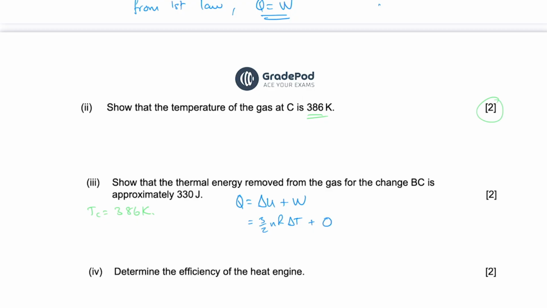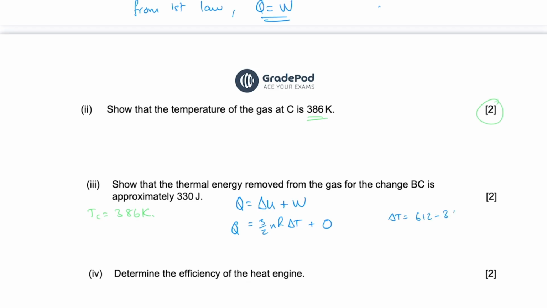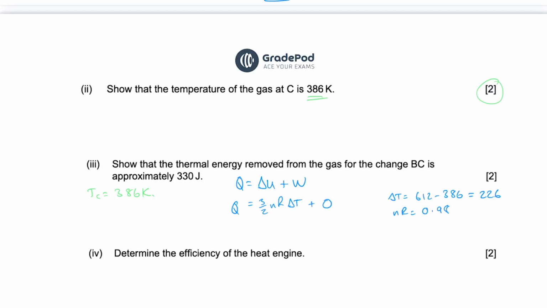So all we need to do is work out the change in internal energy, and that will give us the change in thermal energy. The change in temperature is 612 minus 386, which gives us a value of 226. We worked out nR earlier as 0.98. Plug the values in. 3 over 2 times 0.98 times 226 gives us an answer of 332 joules, which is 330 to 2 significant figures.